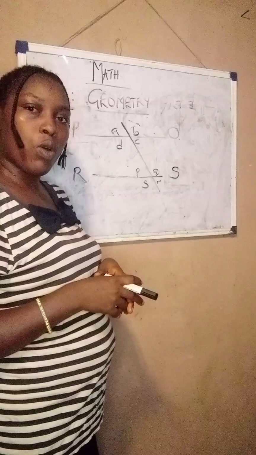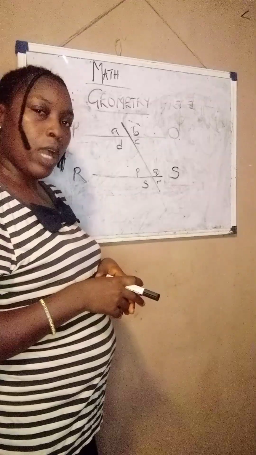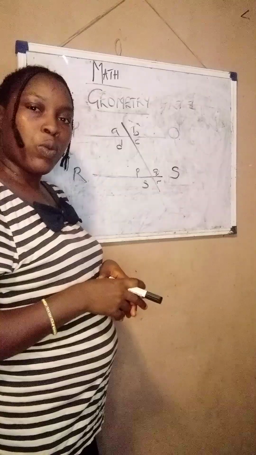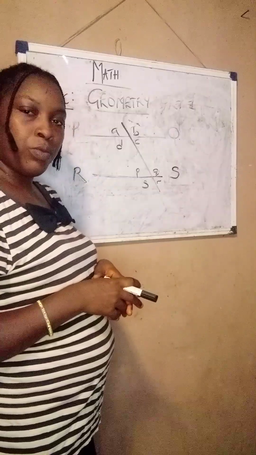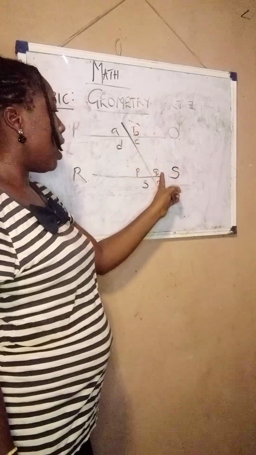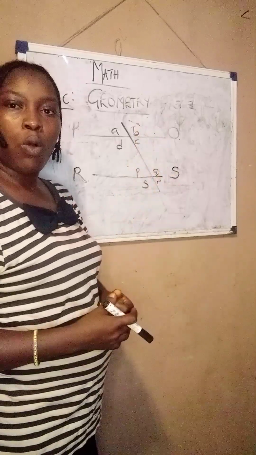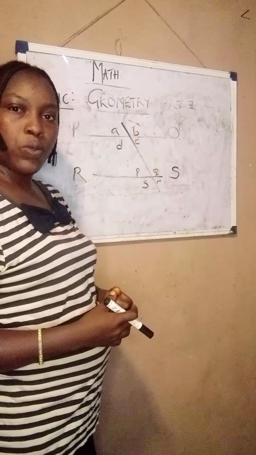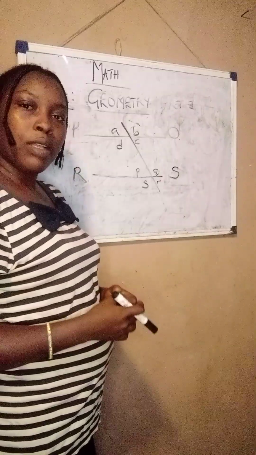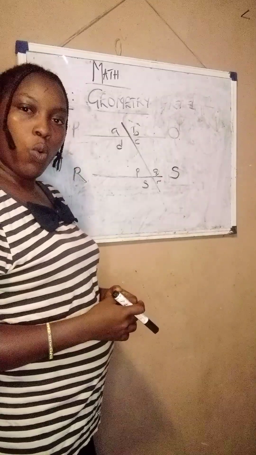That takes us to what we call the corresponding angles. Corresponding angles are angles that are equal. We have A and P, B and Q. They are what we call corresponding angles. Next is the alternate angle. Alternate angles are equal.